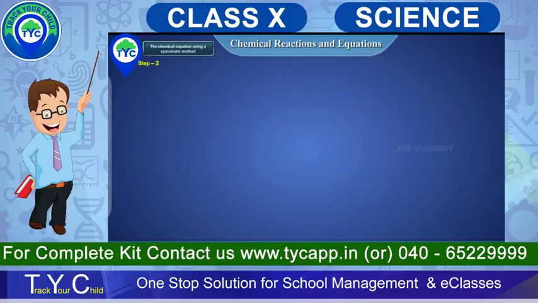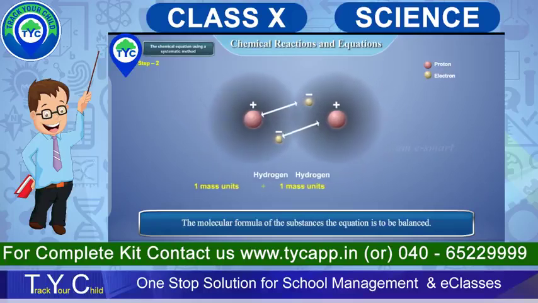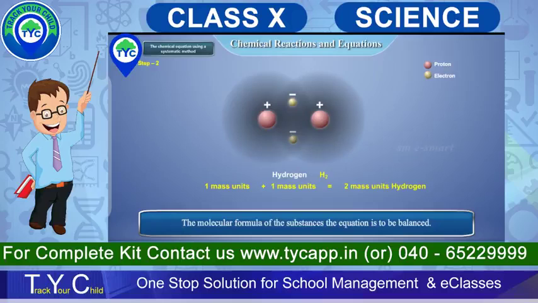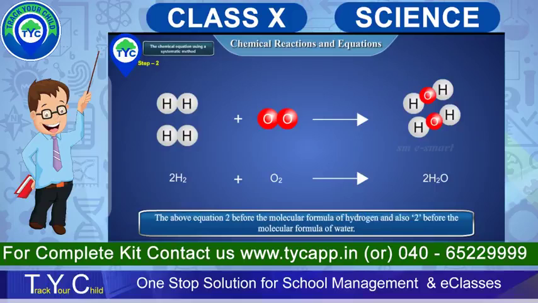Step 2. Using the molecular formulas of the substances, the equation is to be balanced. Balance it according to the ratio of atoms in the molecules of the substances, putting suitable numbers as coefficients before the formulas. In the above equation, put 2 before the molecular formula of hydrogen and also 2 before the molecular formula of water.